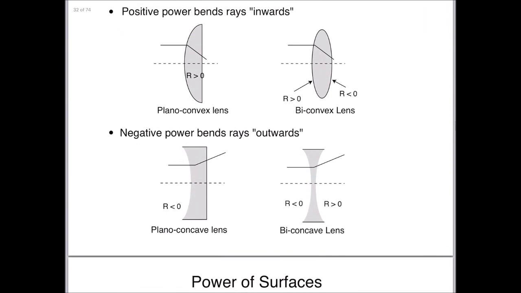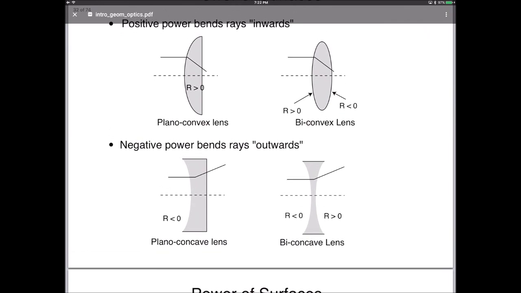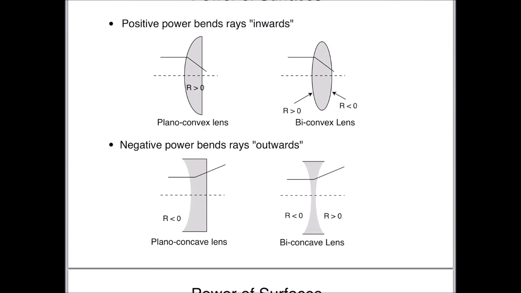So a lens is said to have positive power if it bends parallel rays inward. This is when the radius of curvature is positive. So these are the cases of the plano and the biconvex lenses. And a lens is said to have negative power if the rays bend outward. So that's when the radius of curvature is negative, on the left.